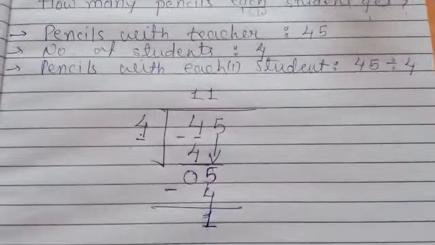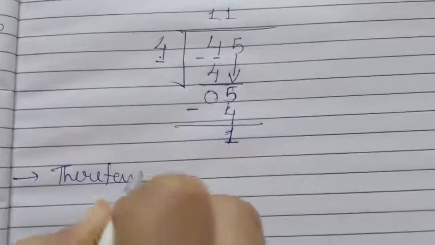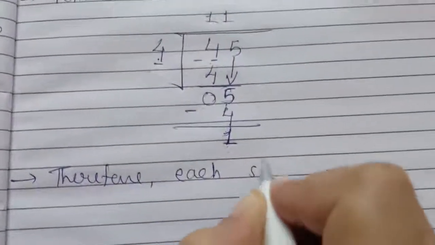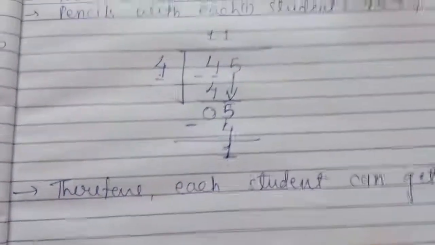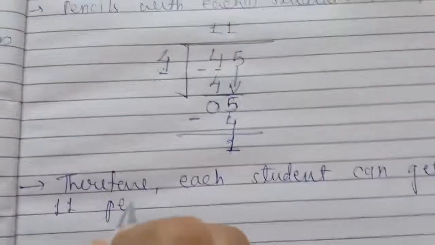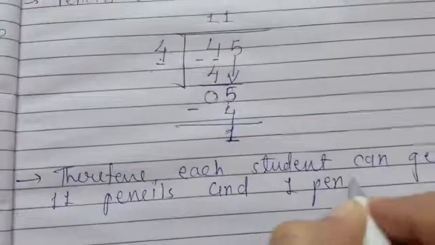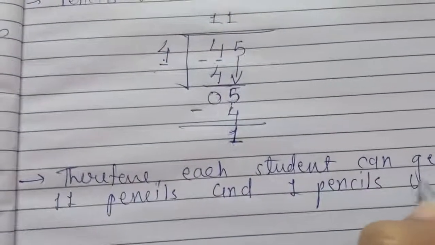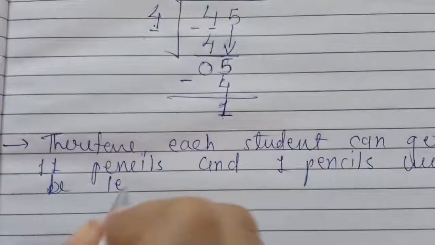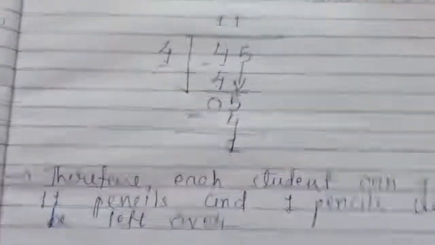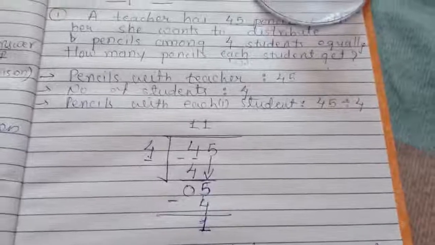So you can write down, therefore each student can get 11 pencils and 1 pencil will be left over. Okay, so this is the way how you can solve the story sum of division.